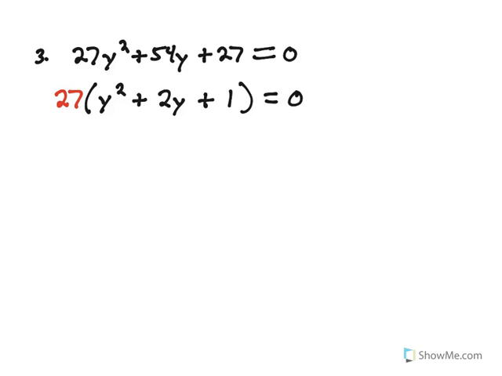And if you're struggling with the GCF, remember the method that I showed you? You can start dividing these by a number, and it looks like 3 would work, right? Let's say I pick 3. 3 into 27 is going to be 9, right?